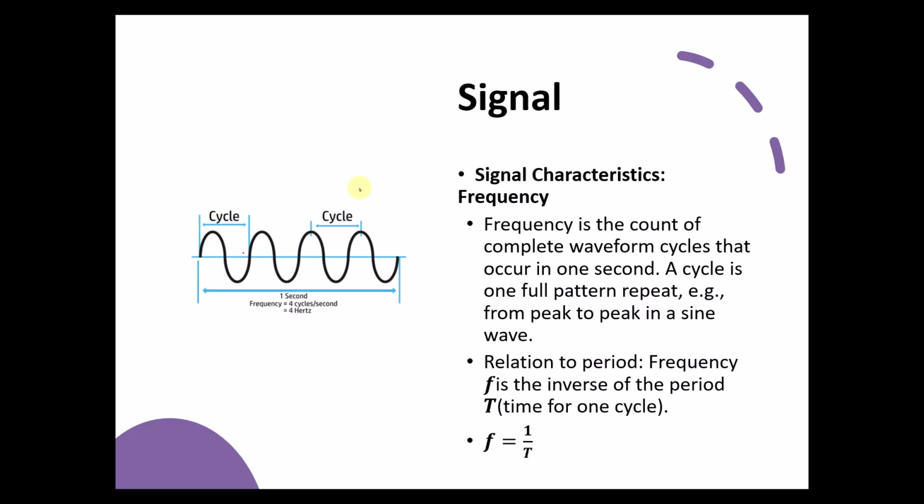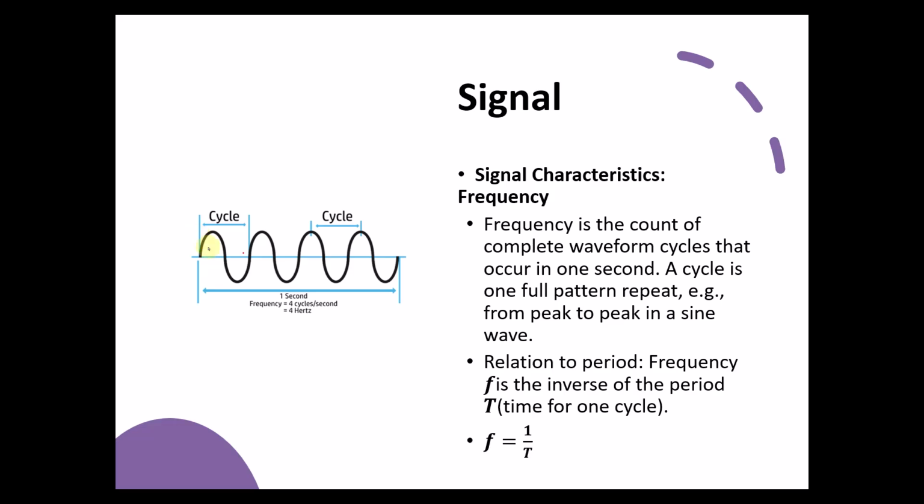So the next characteristic of a signal is the frequency of a signal, and we define frequency of a signal as the number of complete waveform cycles that a signal completes in 1 second. So we can see the diagram here.